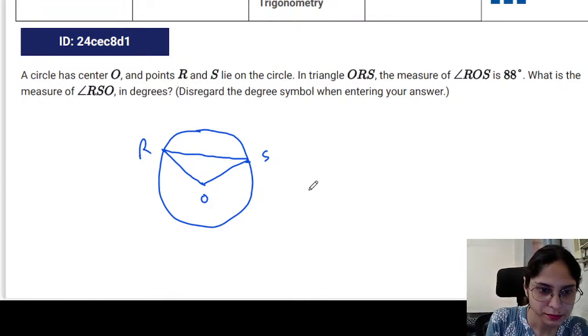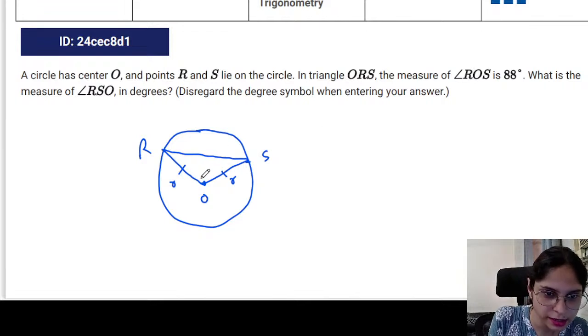So this is also going to be an isosceles triangle. Whenever you make a triangle like this inside a circle, because this is also your radius, this is also your radius. Angle ROS is 88 degrees, so this is 88 degrees. They want to know what is RSO, they want to know what is this angle.